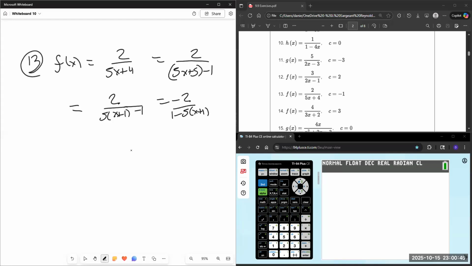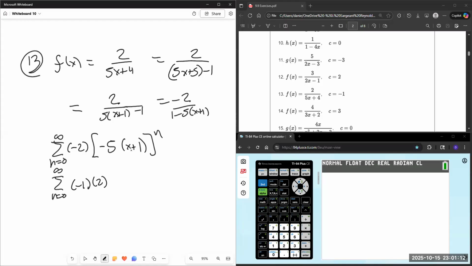And that is going to be the summation n equals 0 to infinity, -2 times -5 x plus 1 to the n, which is the summation n equals 0 to infinity, -1 times 2 times -1 to the n times 5 to the n times x plus 1 to the n.